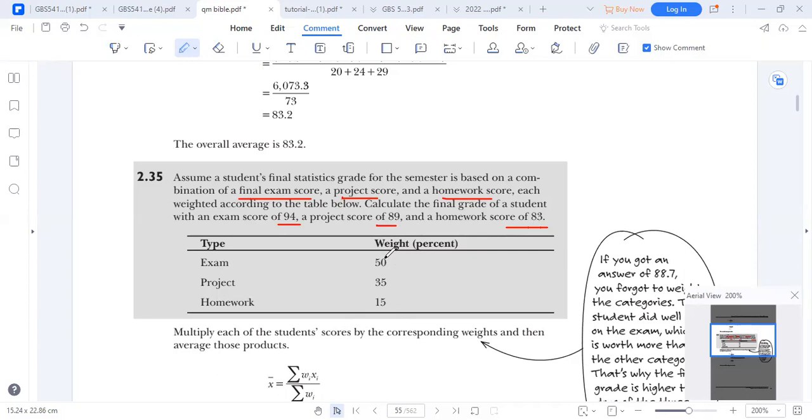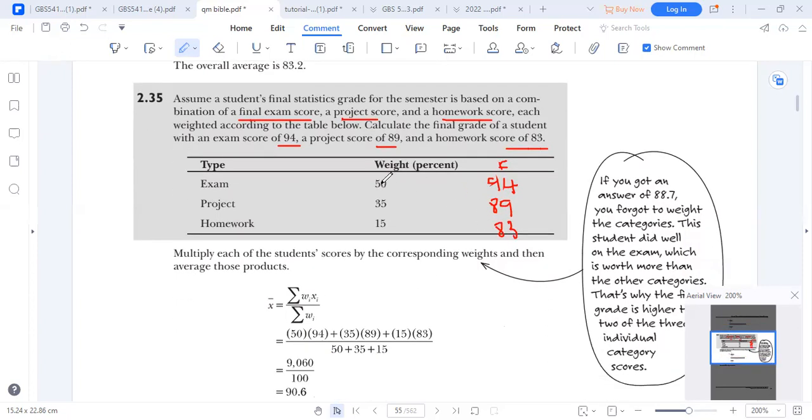So what was our exam score? The final grade for exam was 94. Then 89 for project. Then 83 for homework. So what you do is you calculate the weight and the actual values that you have. So 50 times 94, 35 times 89, 15 times 83.